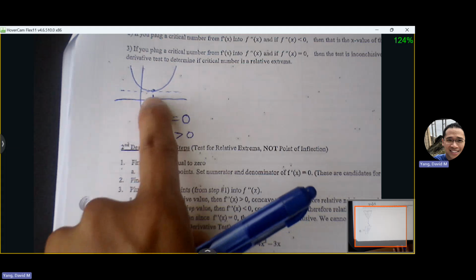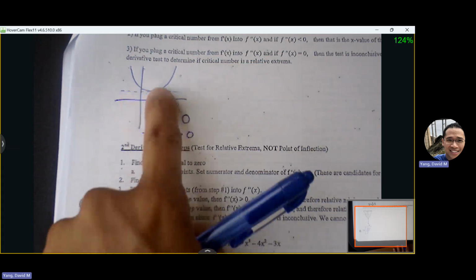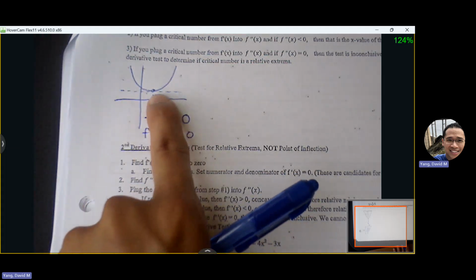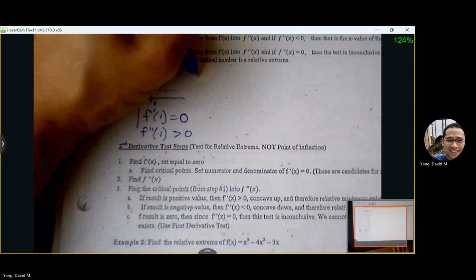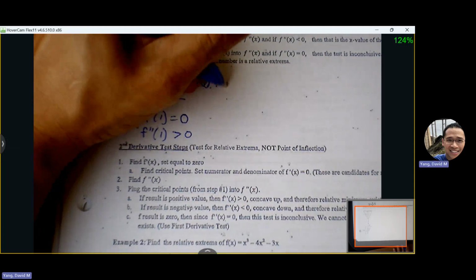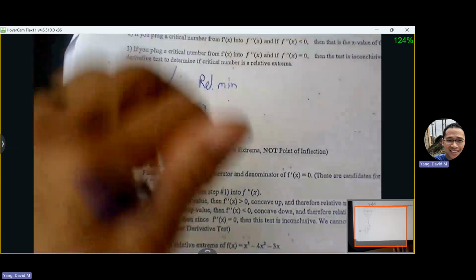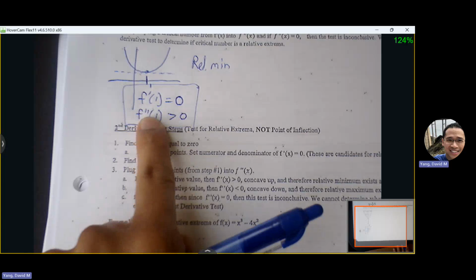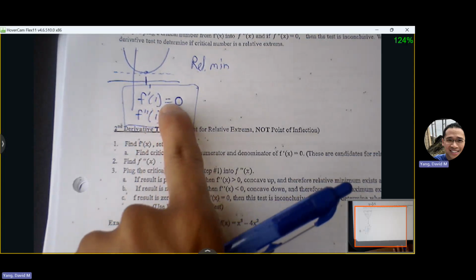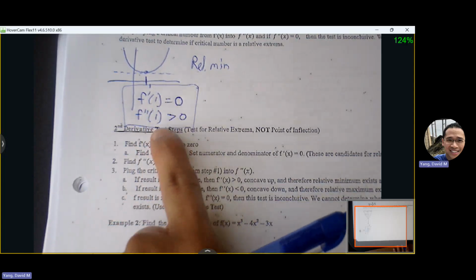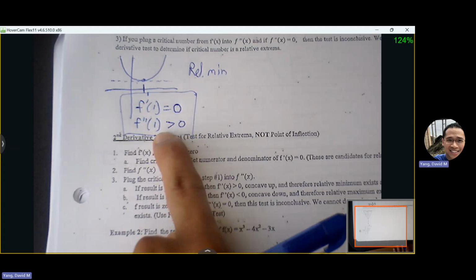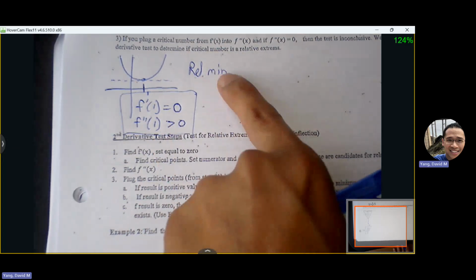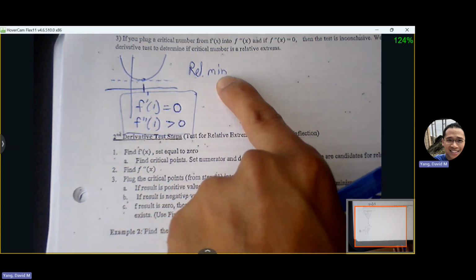If I pair a concave up graph with the slope 0, there's no choice but to call this a relative what? Relative minimum. So if I can gather these two sets of information, a critical point from f prime and a concave up from f double prime, then I can conclude that that point must be displaying a relative minimum without going through a slope sign.